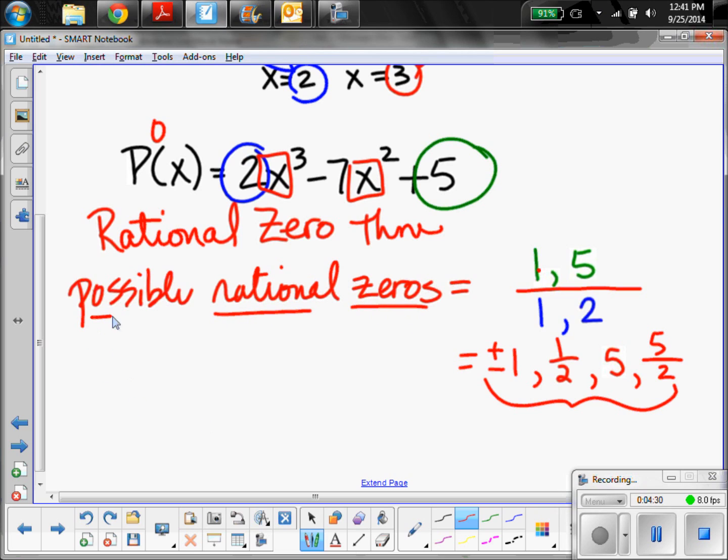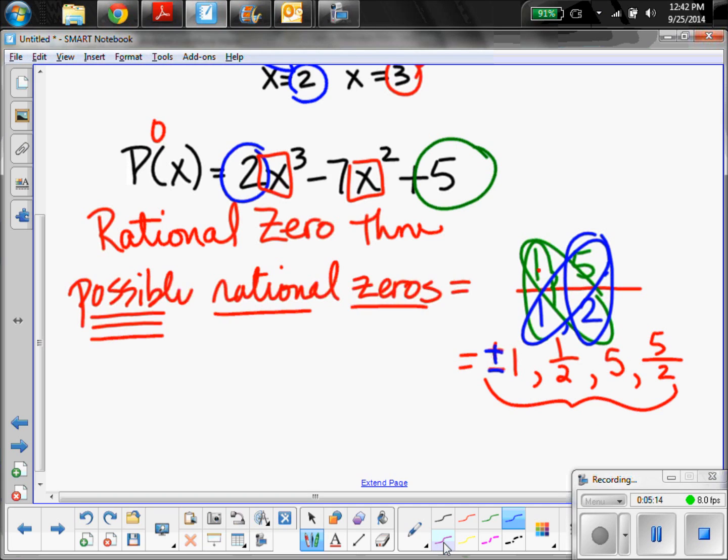I believe this is part F on the worksheet. So if you're asked to find the possible rational zeros, you take the factors of your constant, that's the numerator of all the possible rational zeros, and then you take the factors of your leading coefficient, that's the denominator of your possible rational zeros, and then of course all combinations of those numbers: 1 over 1 is 1, 1 over 2 is 1/2, 5 over 1 is 5, and 5 over 2 is 5/2, and you take all positive and negative values of those.